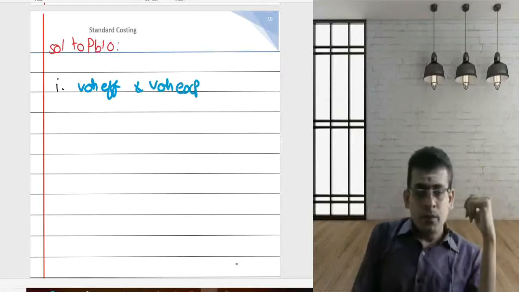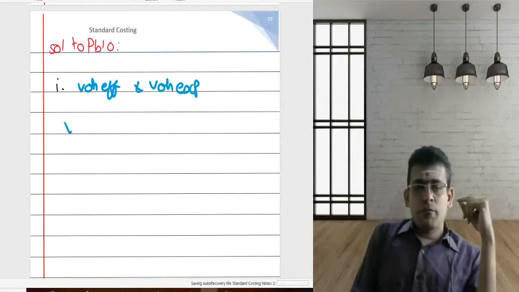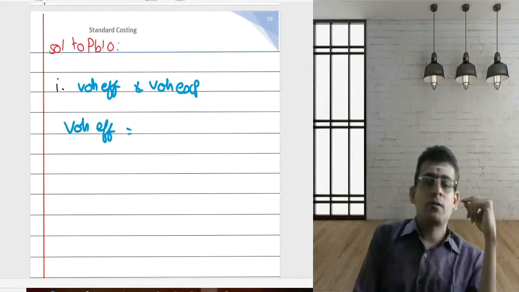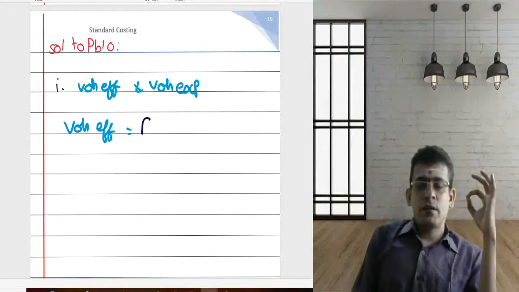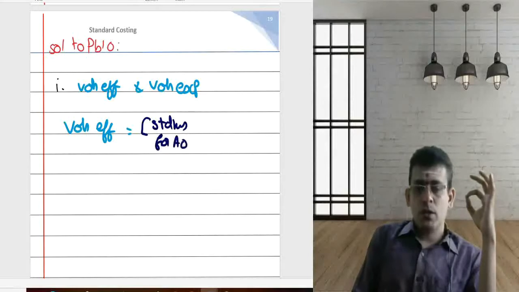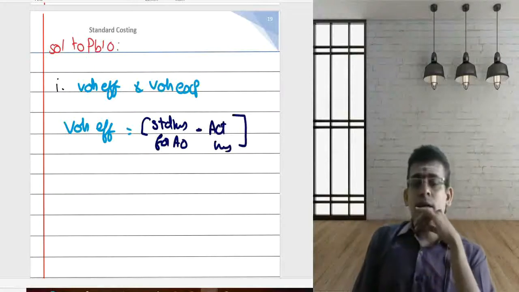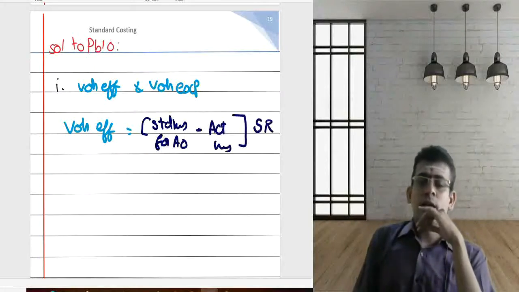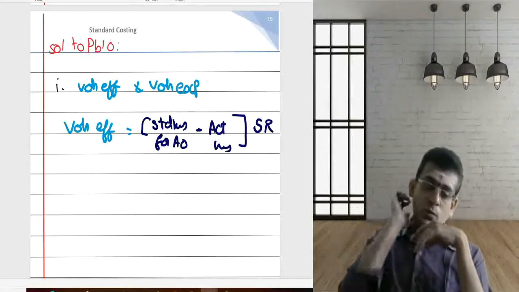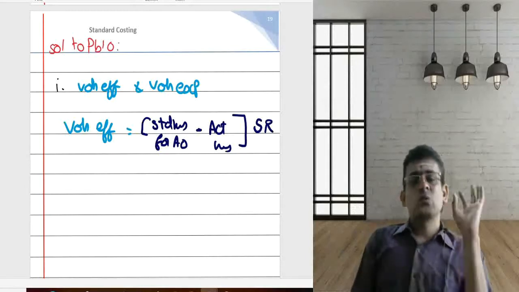Now, let us put the first formula. Variable overhead efficiency variance. What is the formula for that? Efficiency variance is equal to the difference of your hours: standard hours for actual output minus actual hours, into, as it is a part of your volume variance, standard rate.